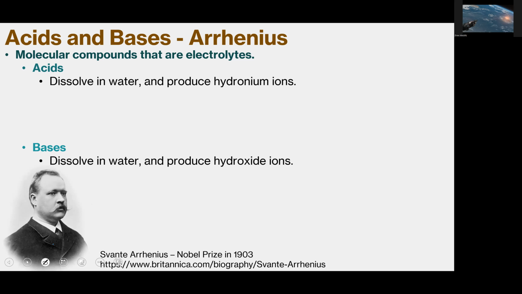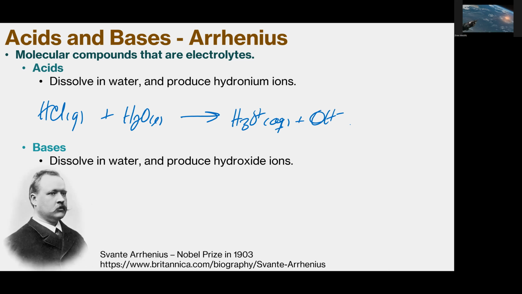This will be things like HCl. HCl is a gas, will dissolve in water, which is a liquid, to give us H3O+ and Cl-. Remember, you can think of this as H+. This is Cl-.